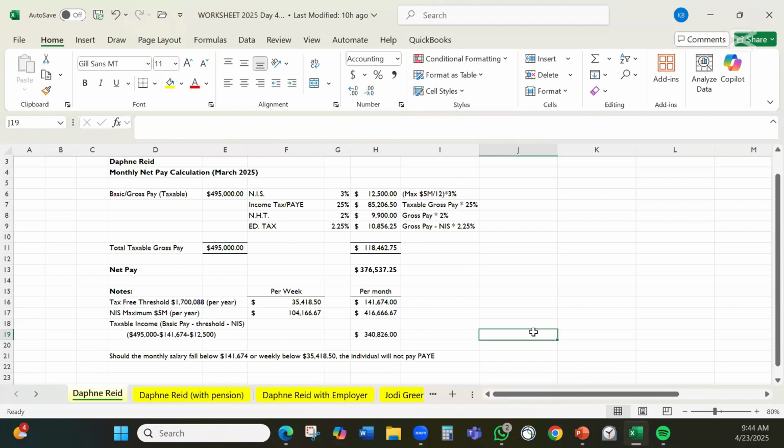Right? You will hear some persons say they went to NHT and they said that nothing was filed for them or whatever it is. Yes, and it is because as long as you have your pay slip to show that that was deducted from your pay, then the employer has the responsibility to pay it over. Right?